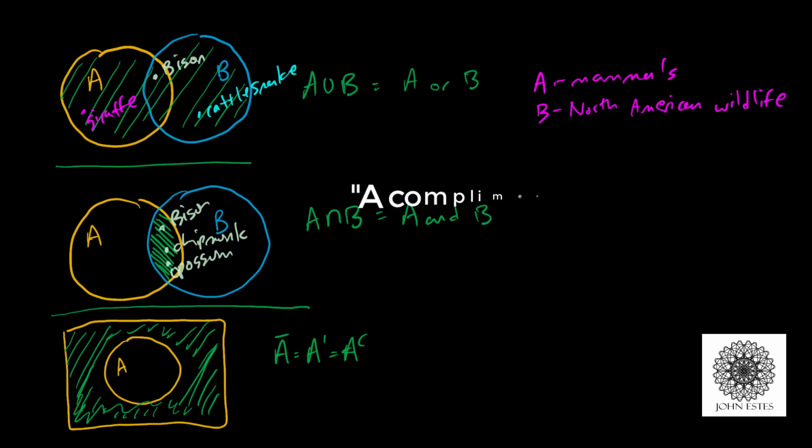And this means the A complement, which means not A, so the stuff that's not in A. If we let A be mammals again, to follow our example, this would be like the roundworms, fish, etc. Any animal that's not a mammal.